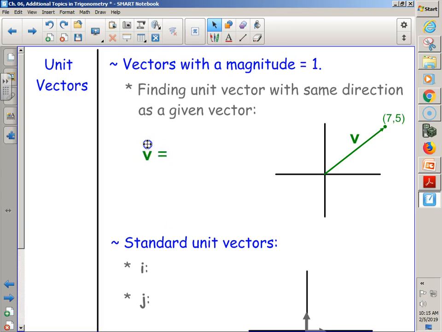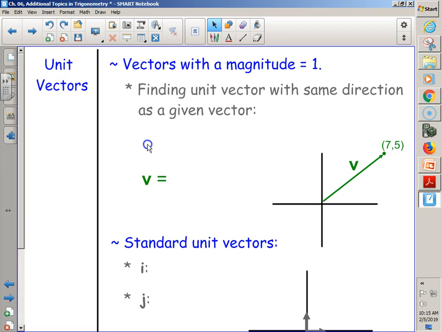I'm going to move this little v down because he's our example that we're going to solve in just a second. Let me show you the formula first to get a unit vector. You want to take vector v, finding a unit vector with the same direction as a given vector.